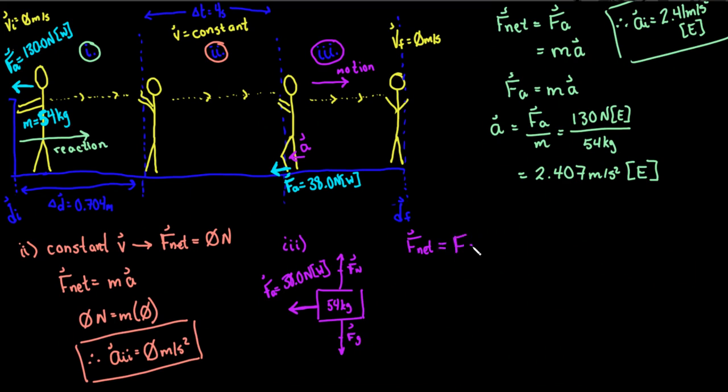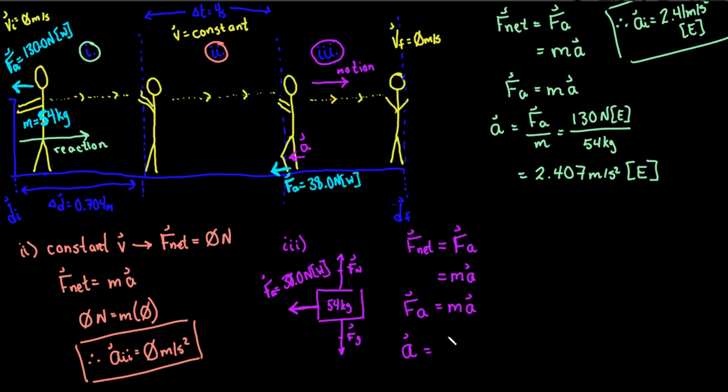So the only force contributing to his net force is this applied force. We also know that any net force is a mass times an acceleration. So we can now again solve for the acceleration by saying that applied force is equal to his mass times his acceleration.